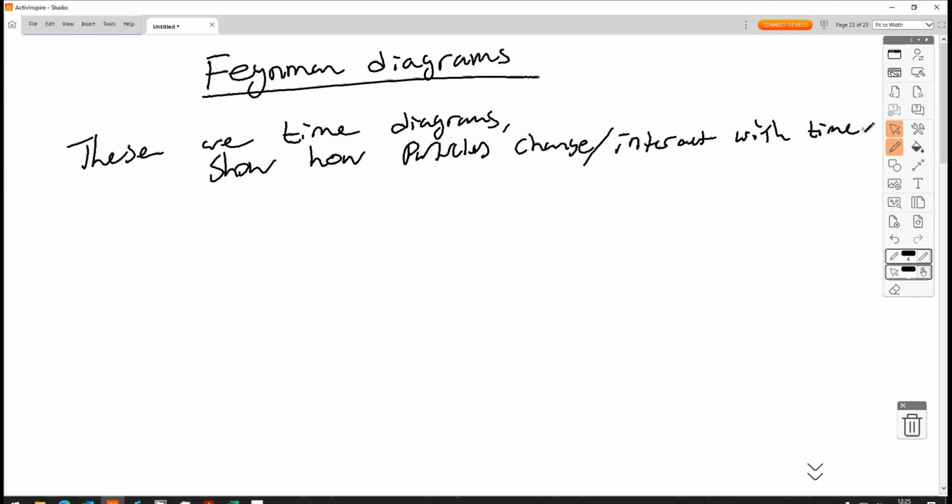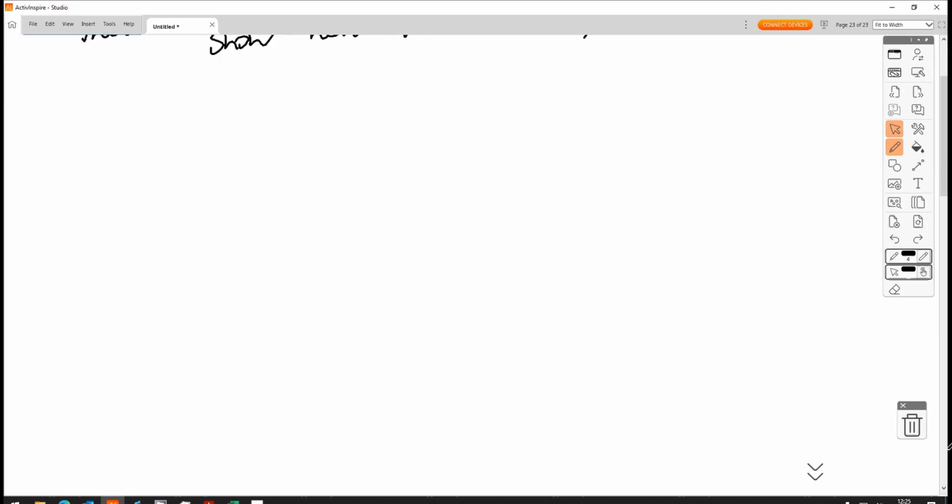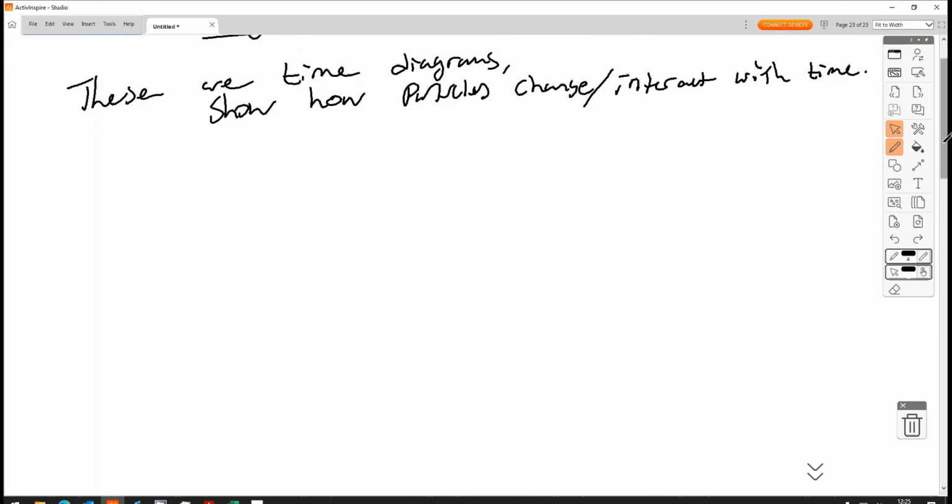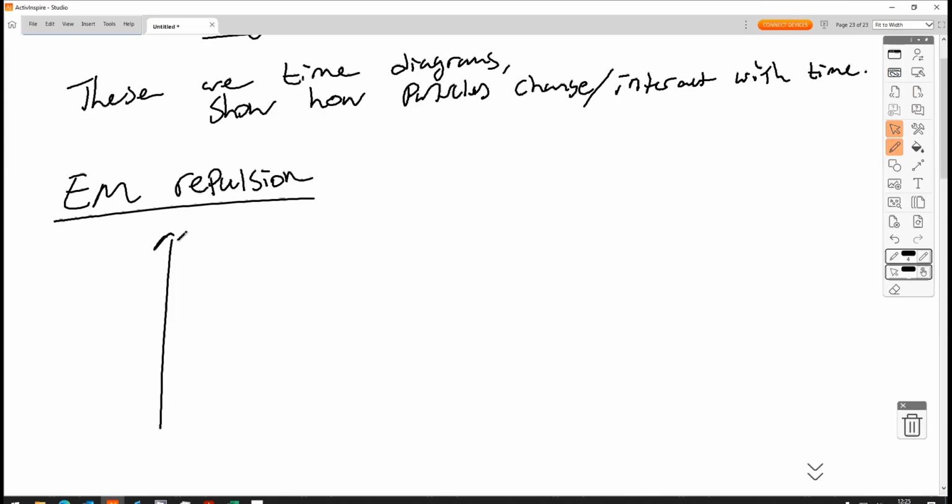So let's do an example of that. Let's do electromagnetic repulsion. So I'm going to label that as time. At the bottom we've got the before, and at the top we've got the after.